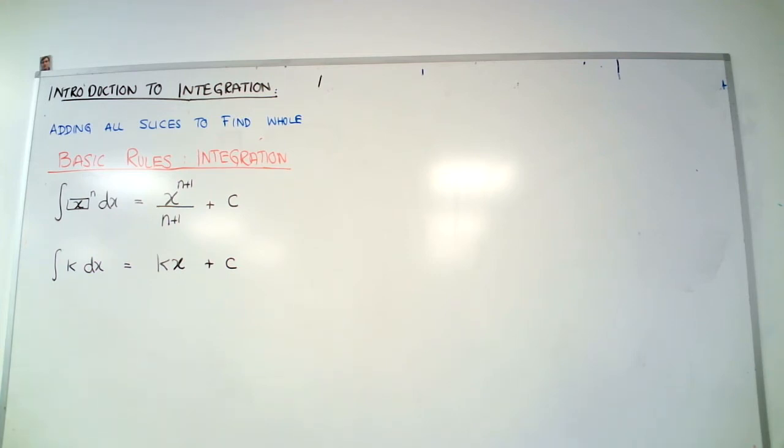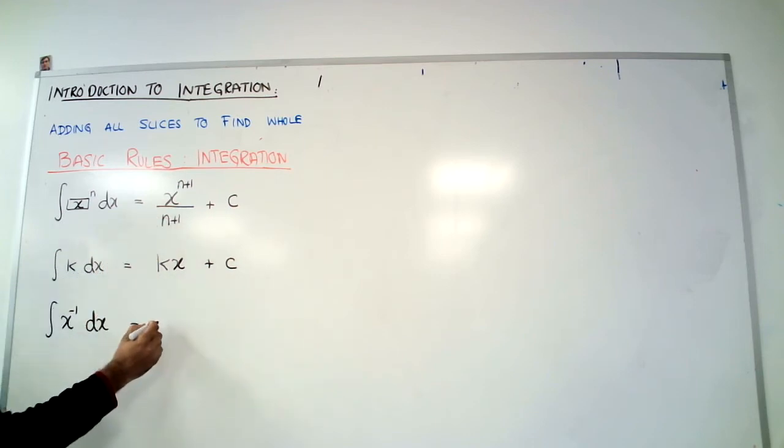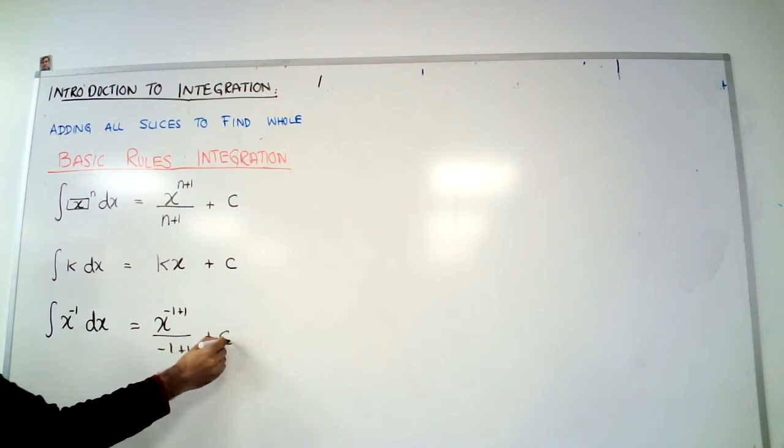Now there's a strange case. For example, if I got x to the power minus 1, integration of x to the power minus 1. If I follow this rule, it should be x to the minus 1 plus 1 divided by minus 1 plus 1, plus c.